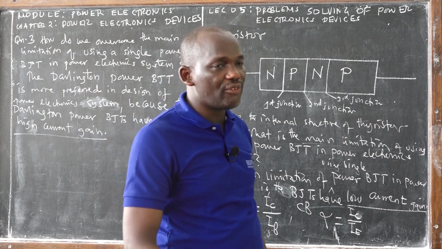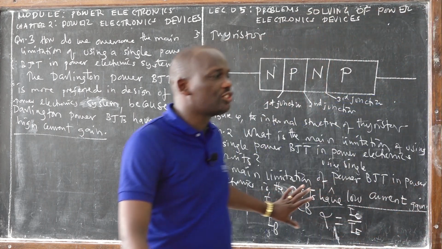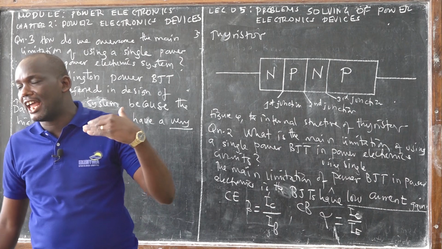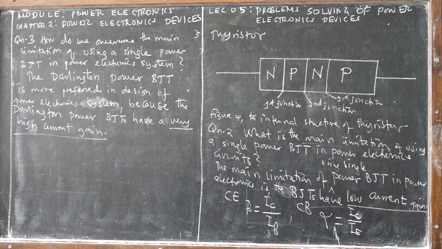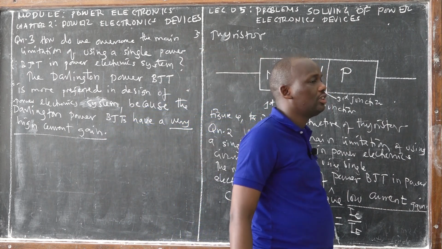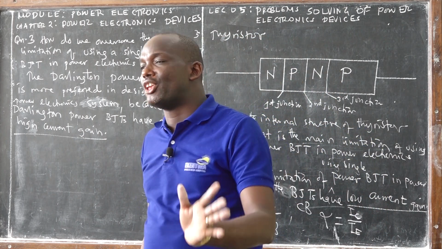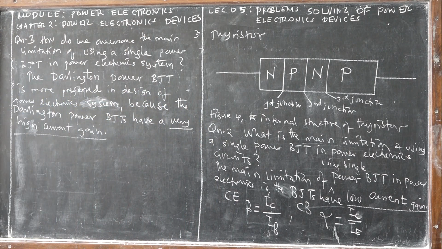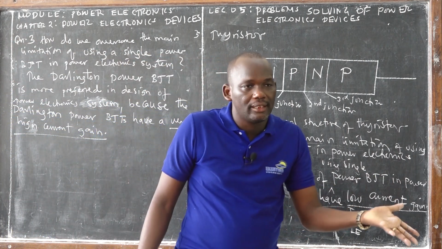We need to use power electronics devices or transistors which have a very high current gain, because we use them in electrical systems with high voltage and high current. Do we understand? We agreed earlier that these devices we use in power electronics are used in power systems, either alternating current or direct current, which are high current and high voltage. On that basis we need devices that have a great ability to amplify current.